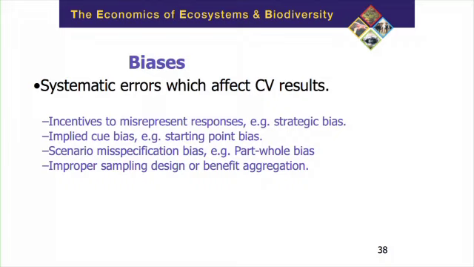Scenario misspecification bias was a big issue, so things like part-whole bias or scope bias. There was a big controversy that some people had done surveys where they tried to value one level of provision and then a bigger level of provision, and people weren't able to think about the difference in value of those different scopes of the policy.